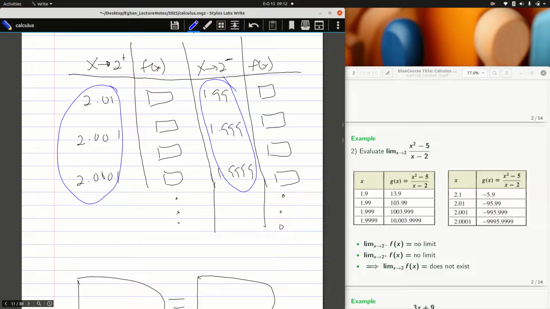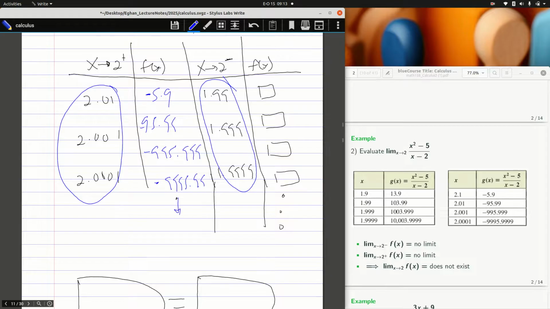Let me write the answers here. It was first negative 5.9, then it became negative 95.99, then negative 995.99, then negative 9995.99. It is divergent. It is not convergent.